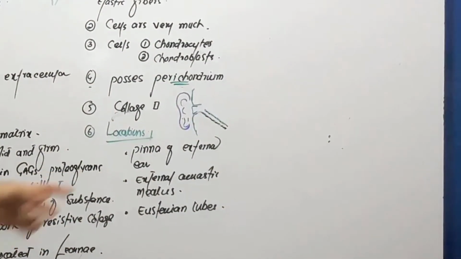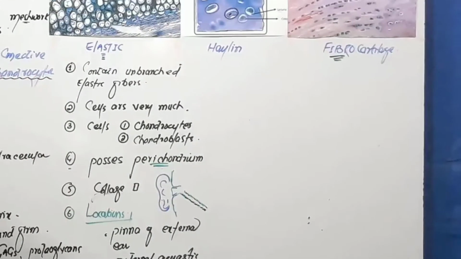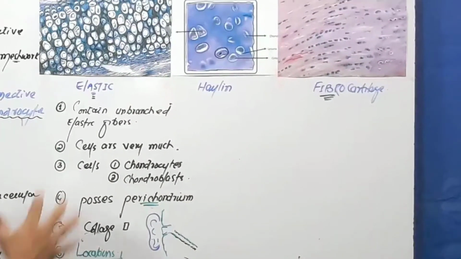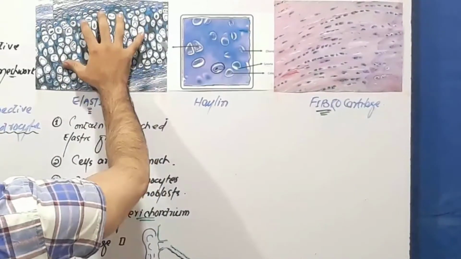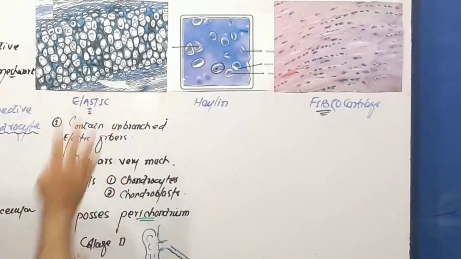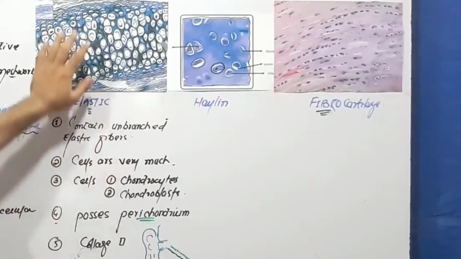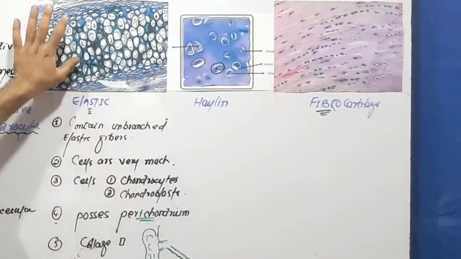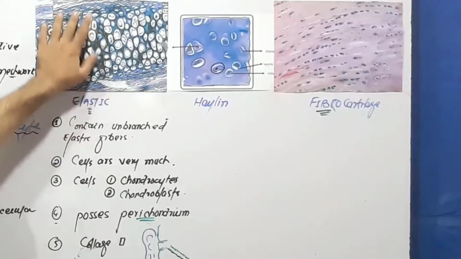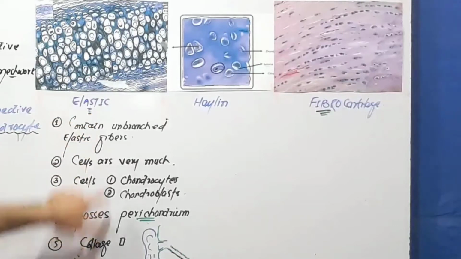So these were the locations of elastic cartilage, and this was some detail about elastic cartilage that I wrote. Now if you take this detail and look at this diagram, you will easily recognize which type of cartilage I am talking about. More cells here, right? Less fibers, no fibroblasts, clear. Then unbranched elastic fibers, that's why they are elastic. Then it possesses perichondrium.